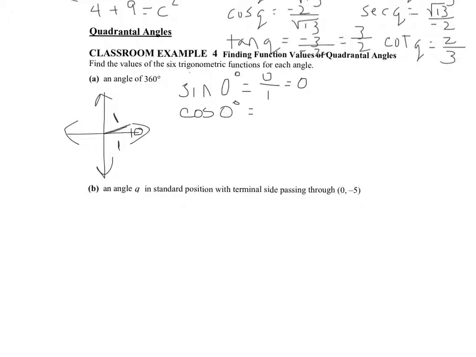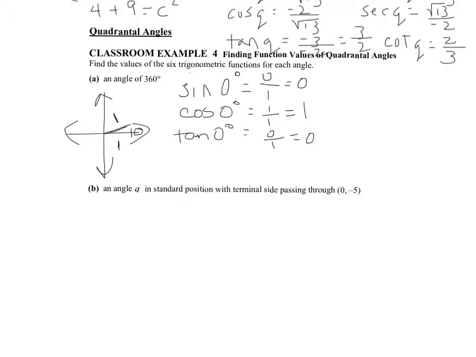What would that be? 1 over 1. And any number divided by itself is 1. Okay? Think about tangent. Tangent is what? Opposite over adjacent, which is also 0 over 1, which is 0.